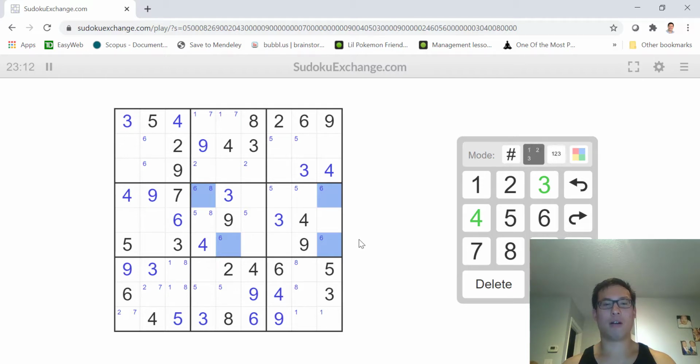They kind of create what's called a Skyscraper, but I don't think I'm going to use it for that purpose right now. All I was going to highlight them for is to say that these 2 communicate with these 2, which will communicate with something up here, because there's a 6 already in this box. Where does 6 go up here?